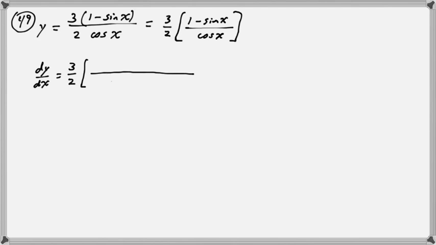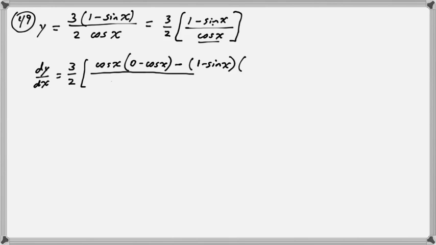Again, I remember it through the chant. You would say the bottom times the derivative of the top. And the derivative of the top is the derivative of 1 is 0. Derivative of sine is cosine. So you have the bottom derivative of the top minus the top times the derivative of the bottom.